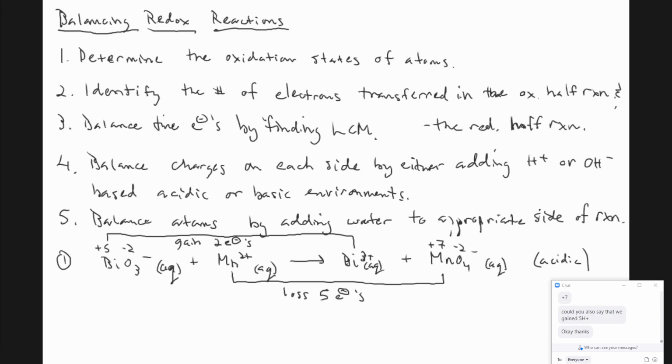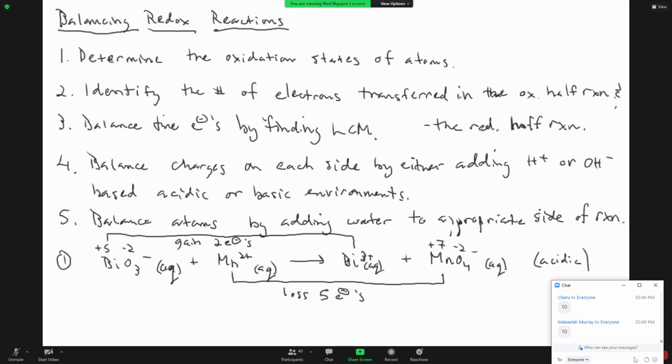So bismuth is getting reduced and manganese is getting oxidized, correct? So this is my bridge method. The third step was balance by finding the least common multiple. What's the least common multiple between 2 and 5? 10. Good.